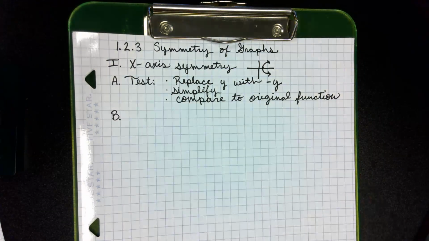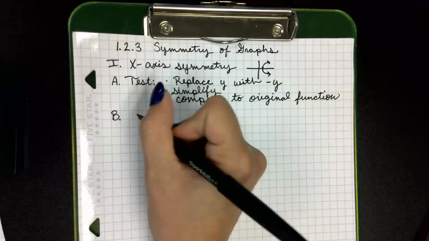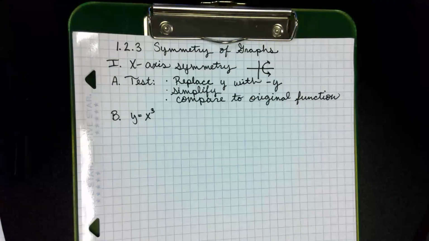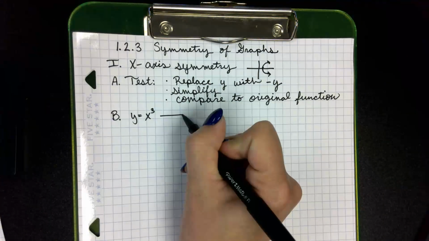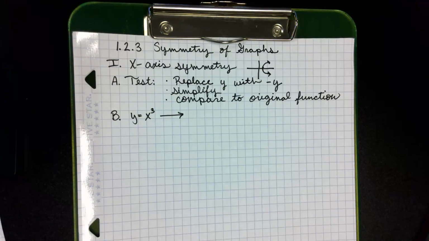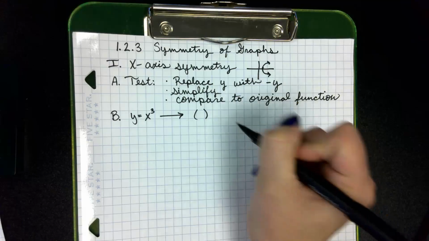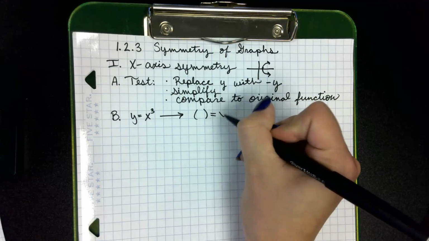So we're going to look at an example. We have y equals x to the 3rd power. And we're testing this algebraically to see if it has x-axis symmetry. So everywhere there is a y, since we're testing x-axis, we're changing y's. So everywhere there's a y, we're going to put a blank set of parentheses. So there's a y there, blank equals x to the 3rd power.